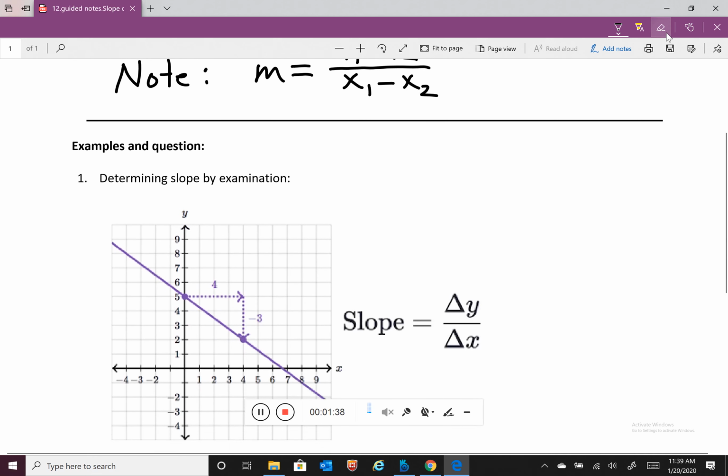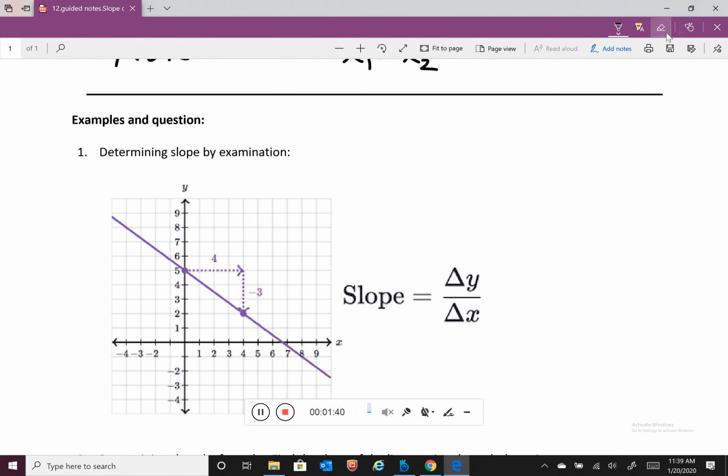Example, determining slope by examination. So we're looking at this and we're going to notice that the change in y, so how we're going up or down. So the change in y, well, we are going down 3 units, so that is -3, so down 3.